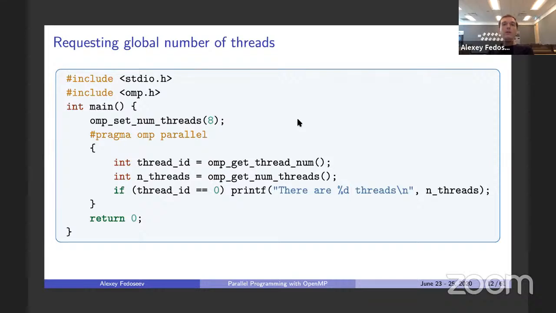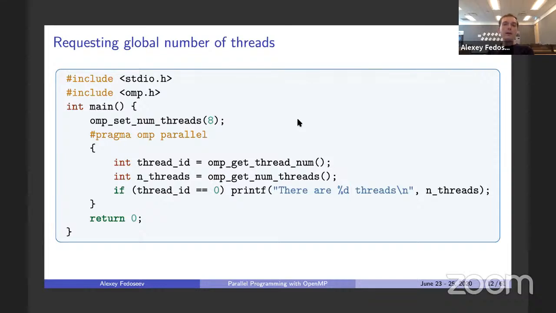Remember that if you need to ask for another number of threads, you have to call this command again with a different number, of course. Now, in the parallel region here, I'm using the command that we already saw, OMP get thread num, to get the ID of the thread. And I also use a new command, OMP get num threads.